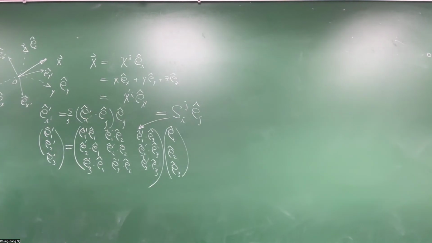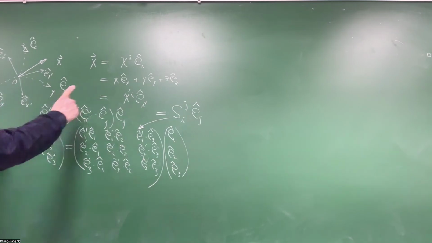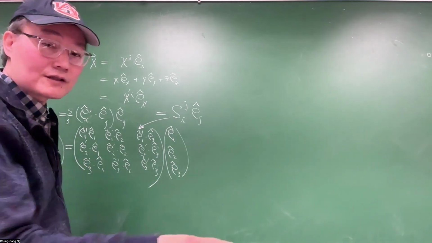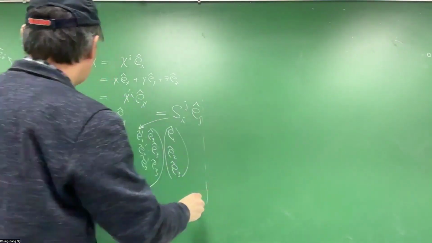But before we do that, there's a property of this for the Cartesian unit vector. You can write it out and check that the Sij satisfies this property. There's plenty of space to do that. Okay, let's do it.